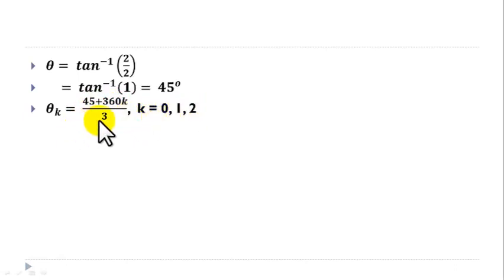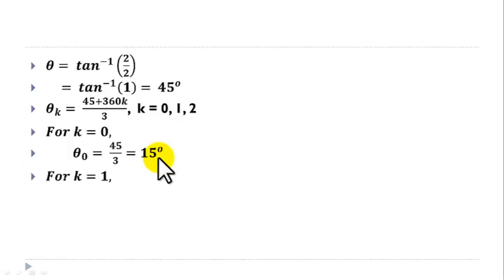Note that since n is 3, our k will stop at n minus 1, that's 3 minus 1, which is 2. So for k equal to 0, our theta 0 is equal to 45 plus 360 times 0 all over 3, and that is 45 over 3, which is equal to 15 degrees.